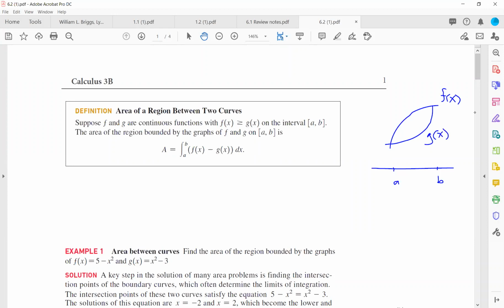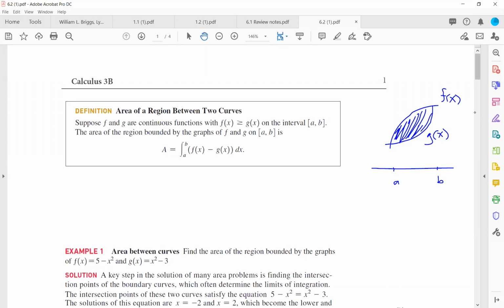Then the area of the region bounded between these two is equal to the integral of f of x minus g of x, while x ranges between a to b.